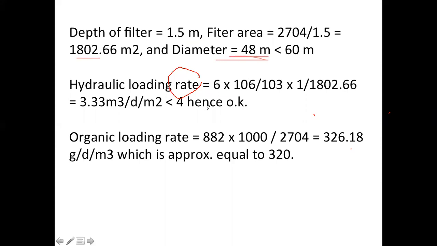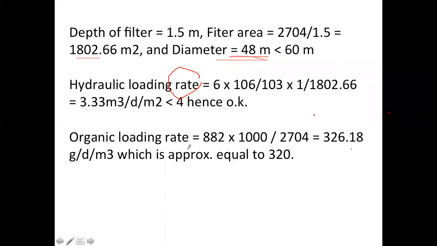Okay, and the hydraulic loading we will check using this 6 MLD and this surface area. It comes around 3.3 cubic meter per day per square meter, which is less than 4. So for our low rate trickling filter, this value is okay.